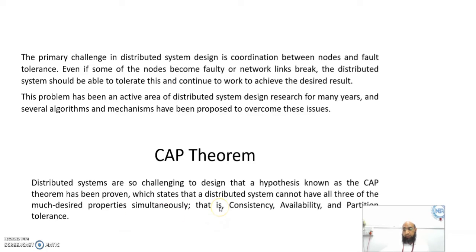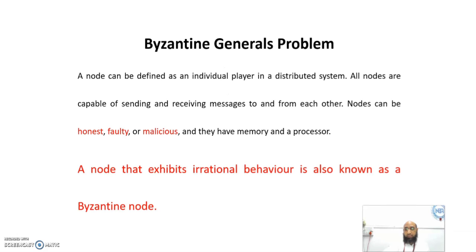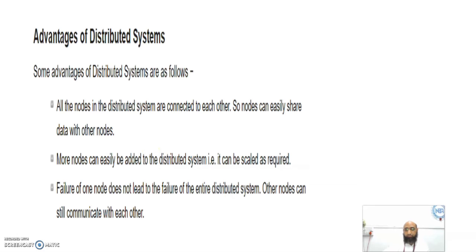No doubt in a practical scenario, many algorithms have been developed to solve this issue, but these three at one time are the much desired properties of a distributed system. One is consistency, another is availability, and the last, P, is partition tolerance. And we have just seen the 4 generals problem.